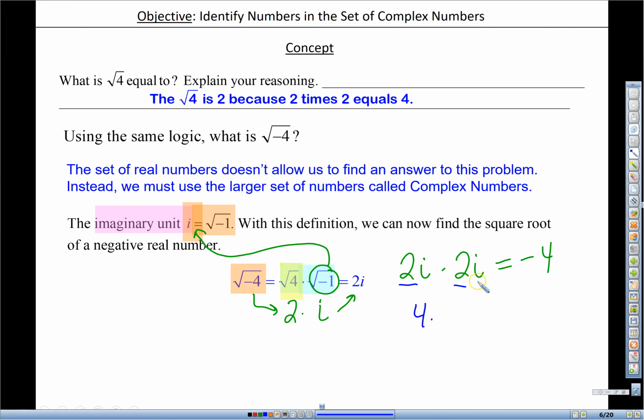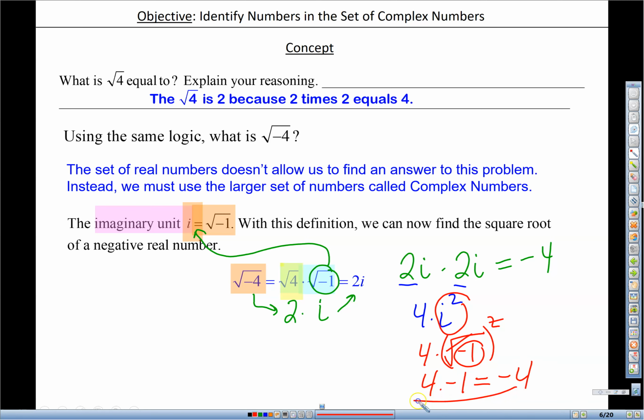Then we have i times i, and anything times itself is squared, so that's i squared. i is the square root of -1, and we are squaring that, so the square and the square root cancel each other out. That leaves us with -1, and 4 times -1 is our radicand of -4.